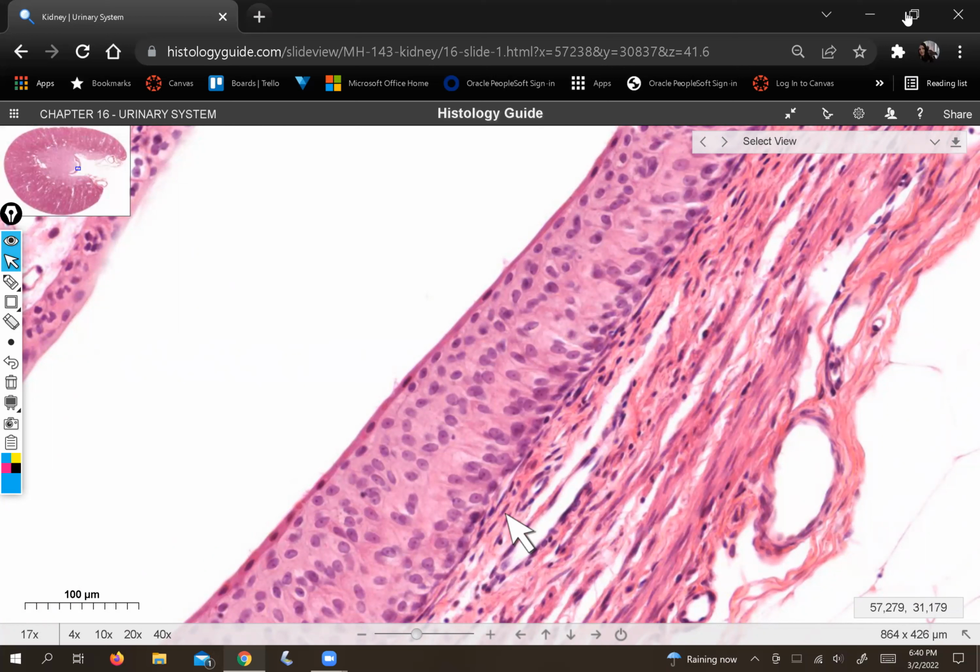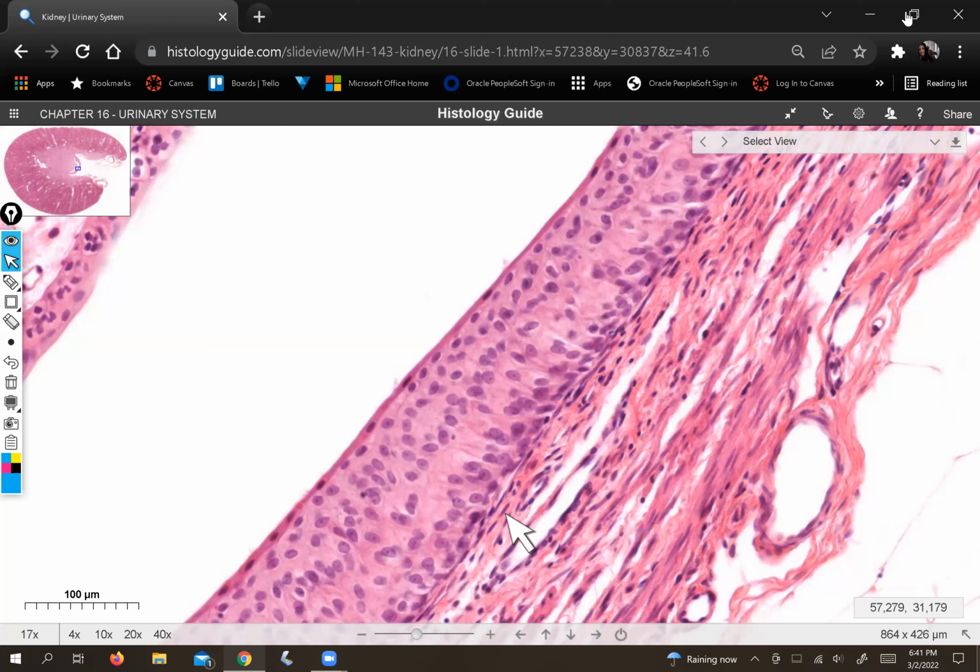And this is especially a persnickety, tricky little guy, because when transitional epithelium is stretched due to the space it's lining being full of urine, which this looks like it was at the time of collection of this specimen, the apical cells look like they're stretched out, and unfortunately that creates a resemblance to squamous cells.